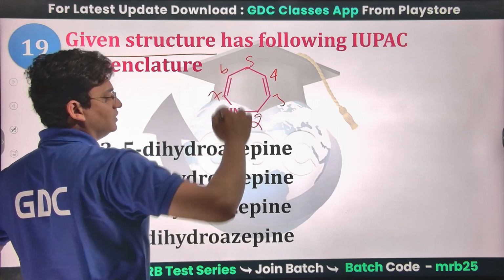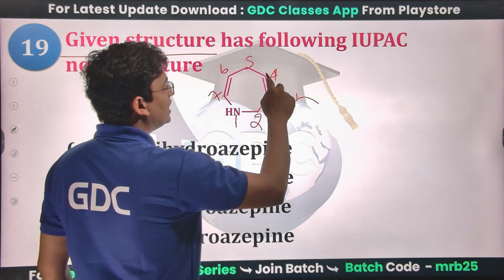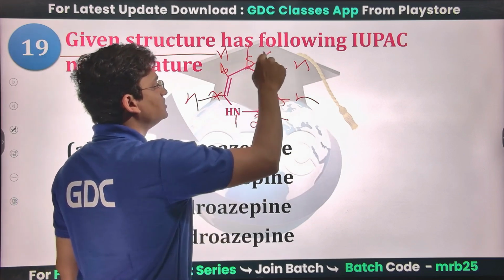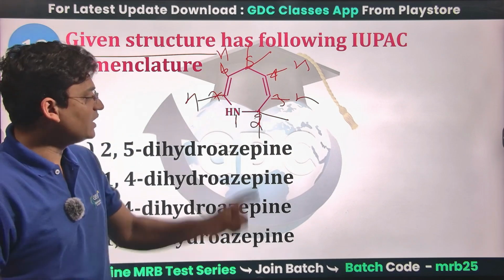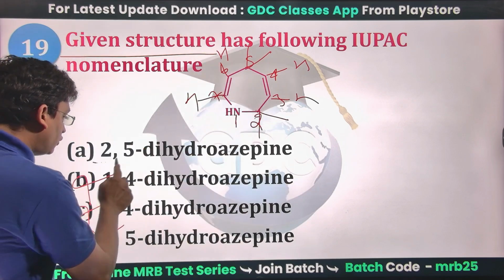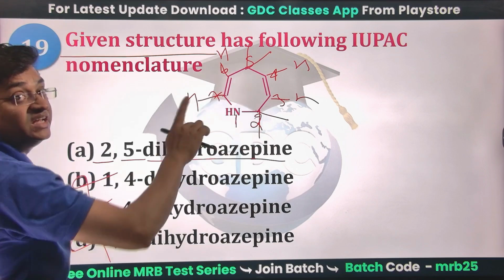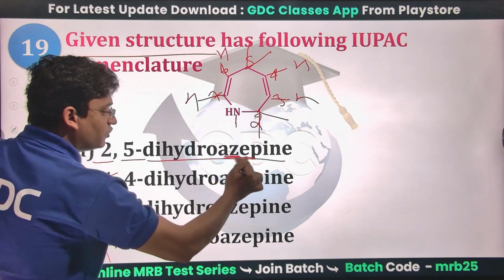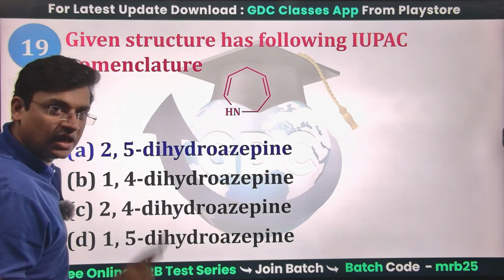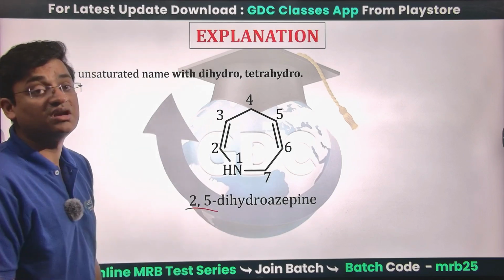At 2 and 5 we are having dihydrogen. All other positions have single hydrogens, but at 2 and 5, due to saturation, we are having dihydro. It has aza, the heteroatom, EP for the 7-membered ring, and INE for unsaturation. So A will be our right answer. 2 and 5 have 1 extra hydrogen, so dihydro.